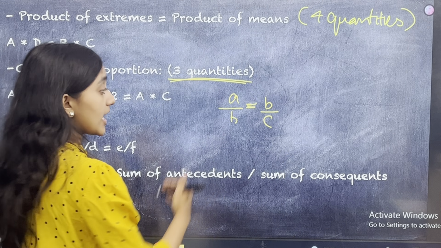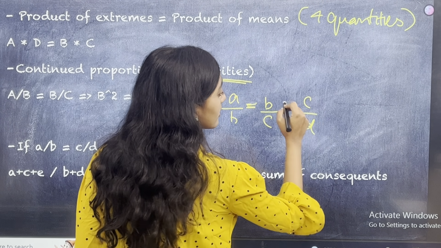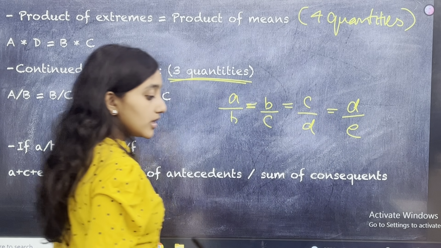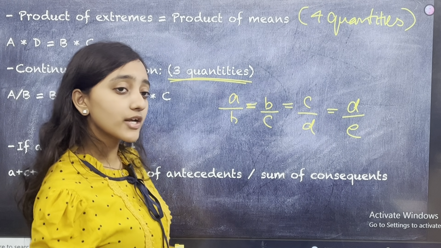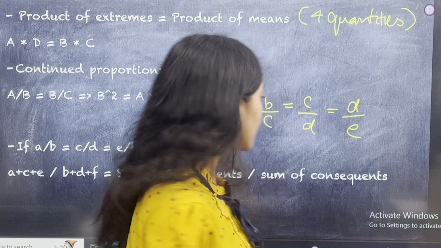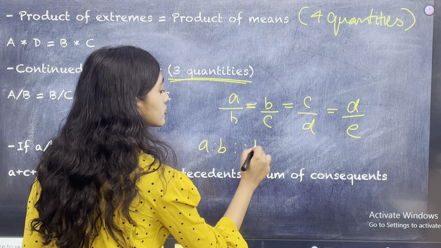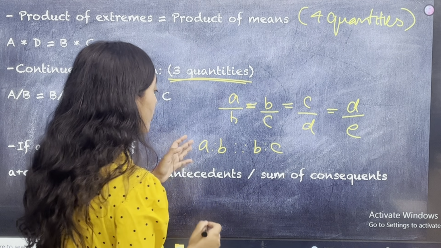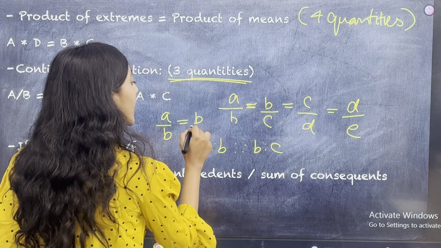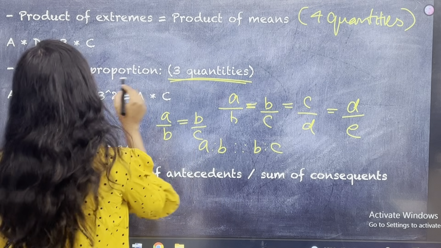So this is a chain. A by B is equal to B by C is equal to C by D is equal to D by E. Basically, the middle two terms are actually the same. That means you have A, B, C, wherein A is to B as B is to C. That means the ratio A by B is equal to B by C. This is known as continued proportion.